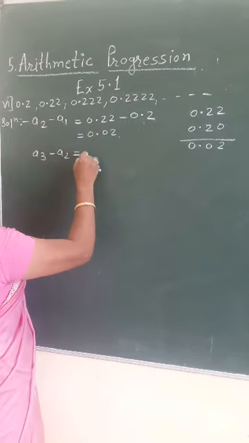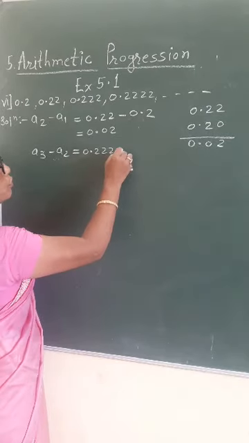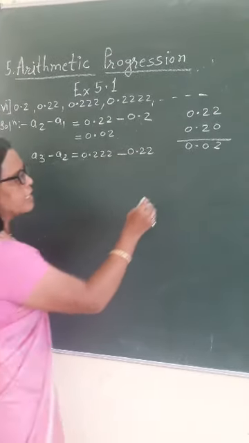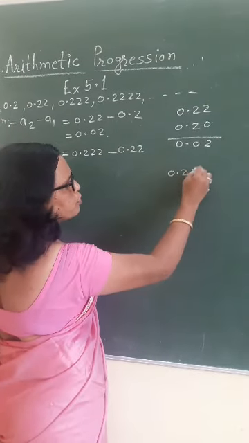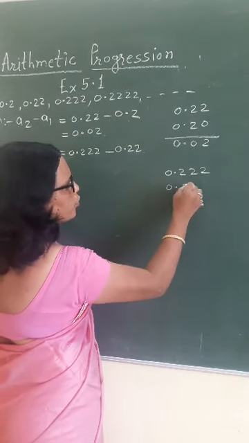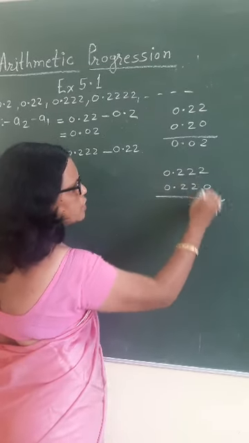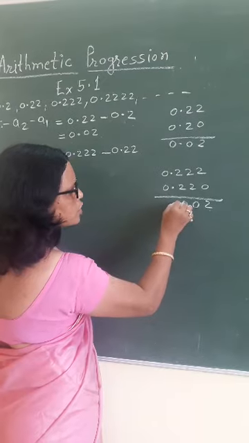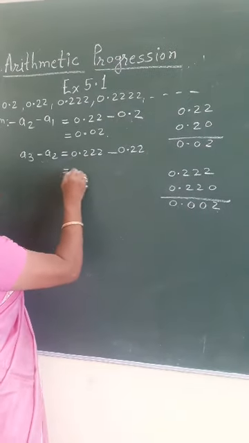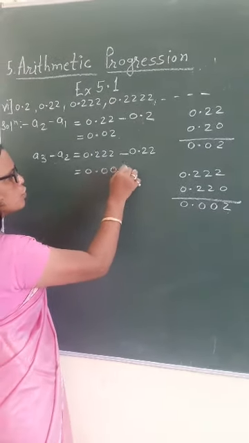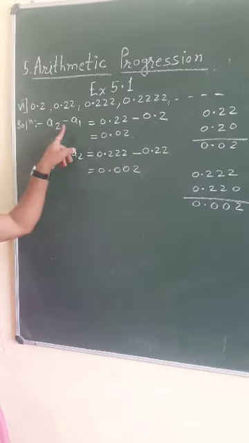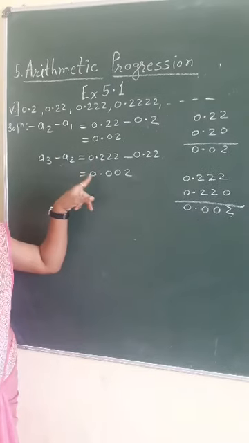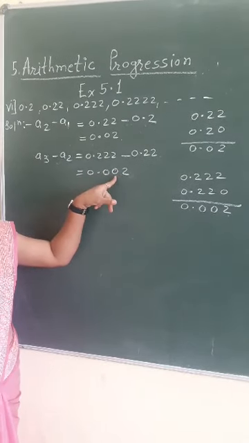Next A3 minus A2. What is A3? 0.222 minus A2, which is 0.22. Again subtraction: 0.222 and here 0.22, here 0. Here 2 minus 0 is 2, this is 0, this is also 0, point this. Here we got 0.002. You see A2 minus A1 is 0.02 but A3 minus A2 is 0.002.